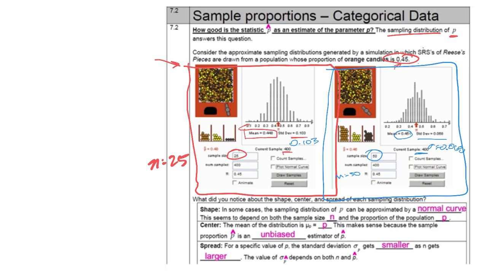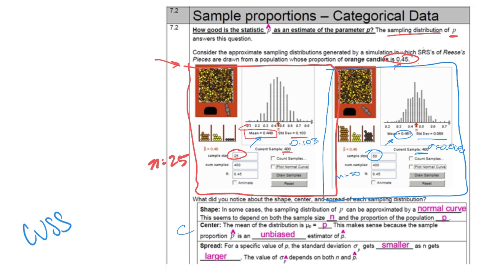When we describe the distribution, remember CUS. C is describing the center. The mean of the distribution, mu sub p hat, is p. We saw that our mean, mu p hat, is very, very close to the actual population proportion of orange candies.